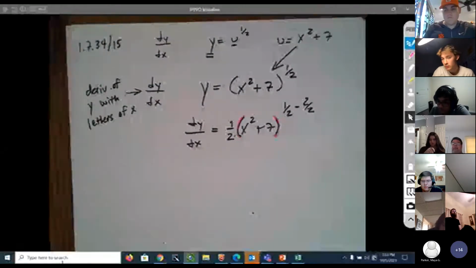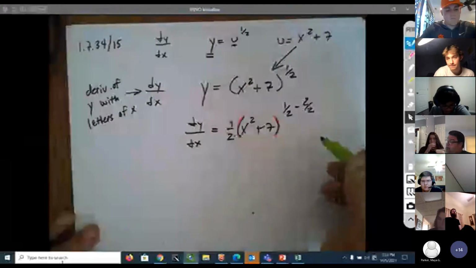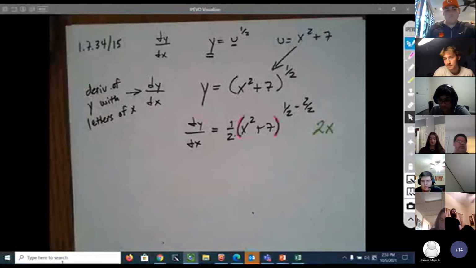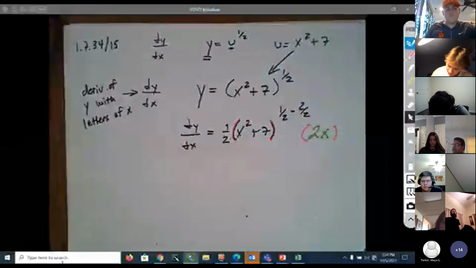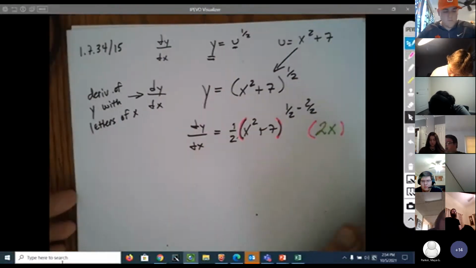What's the derivative of x squared plus 7? 2x. And I'm going to put that in pink parentheses, so you'll know I took the derivative of what's in the pink parentheses. And that should be it. Now you just got to what?